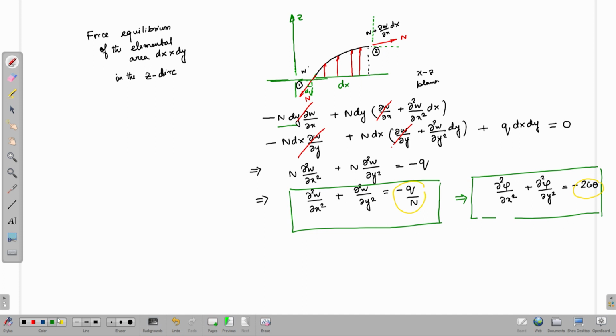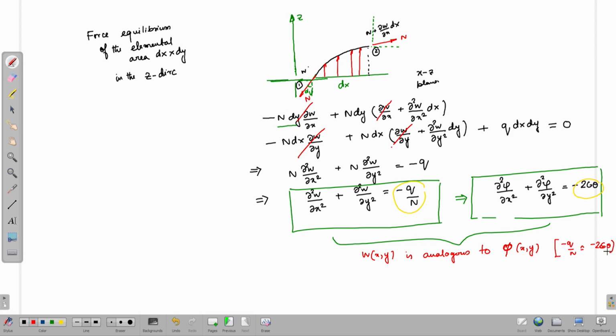From this whole thing we can write that W, which is a function of x and y, is analogous to phi, which is a function of x and y, given that minus Q by N is similar to minus 2g theta.